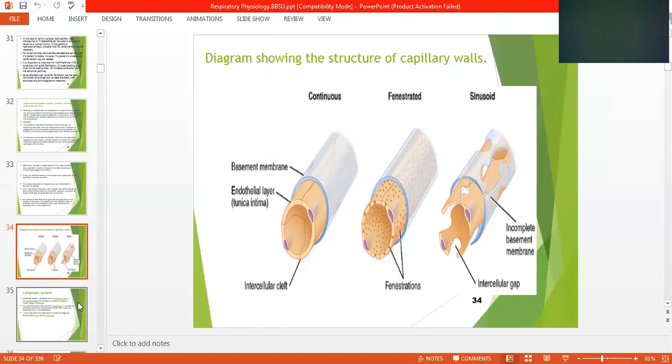Here you can see the fenestrations, meaning the holes in the capillary, from which the blood comes out and is supplied to the tissue. Intercellular gaps are there, with incomplete basement membranes, so we call them sinusoids. Continuous capillaries are also there. Fenestration means small holes or pores, and sinusoids means a space.